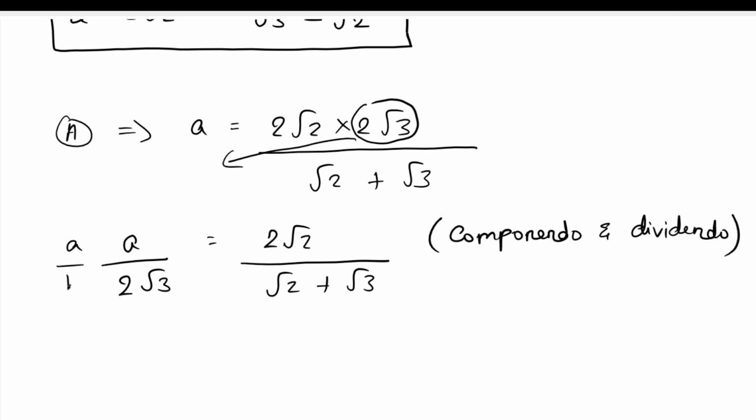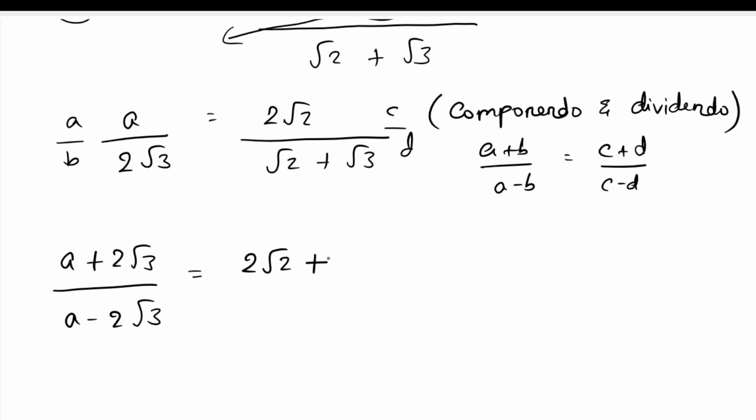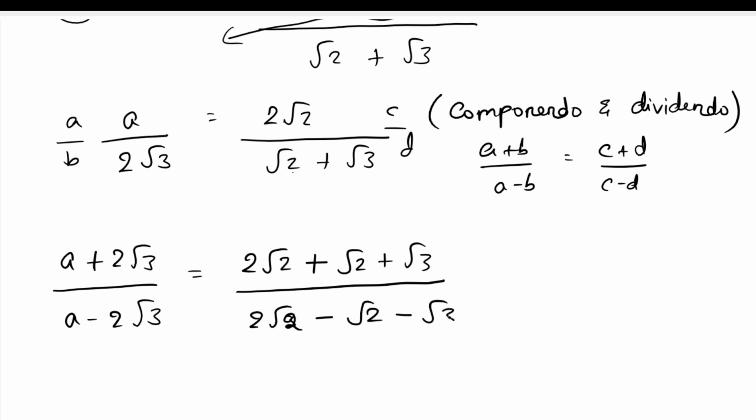So this is A by B, this is C by D. Componendo and dividendo is A plus B divided by A minus B is equal to C plus D divided by C minus D. So if you apply that, we'll get A plus 2 root 3 divided by A minus 2 root 3 is equal to C plus D, where C is 2 root 2 and D is root 2 plus root 3, divided by C minus D, where C is 2 root 2 minus D, which is root 2 and root 3. So minus root 2 and minus root 3.